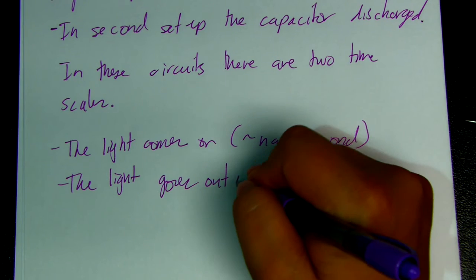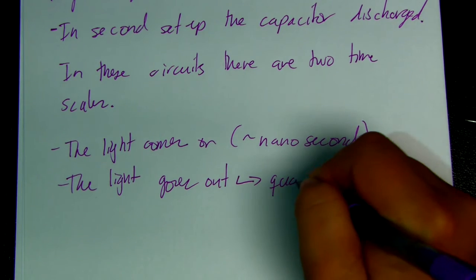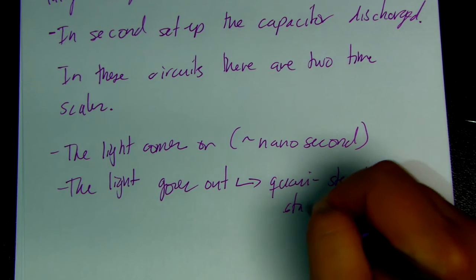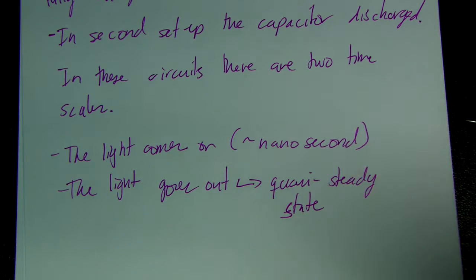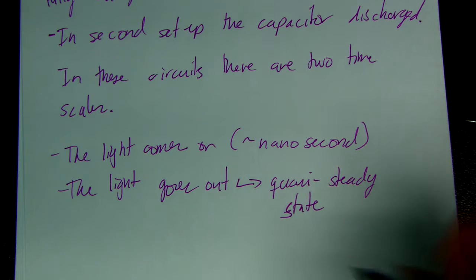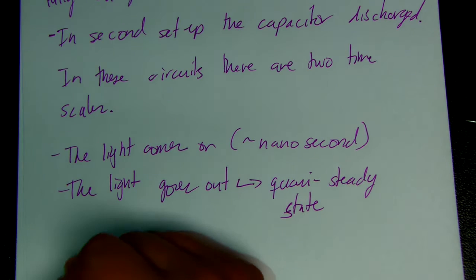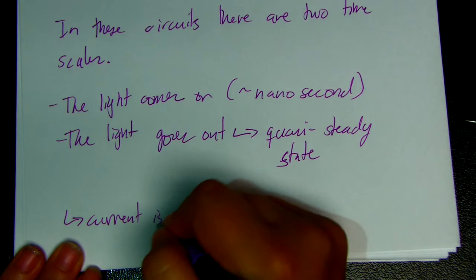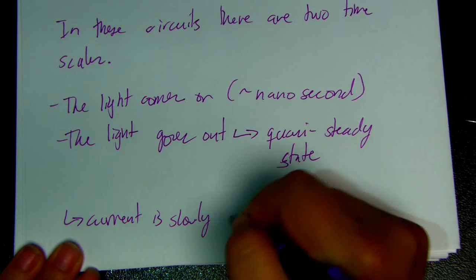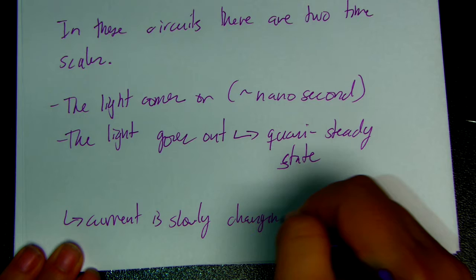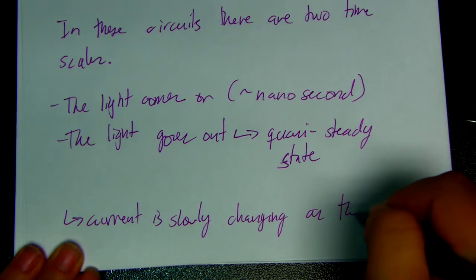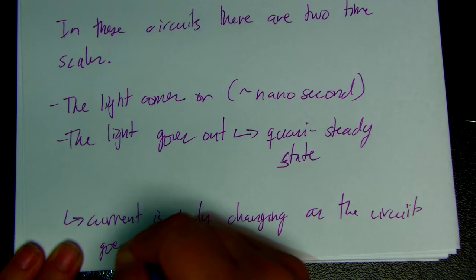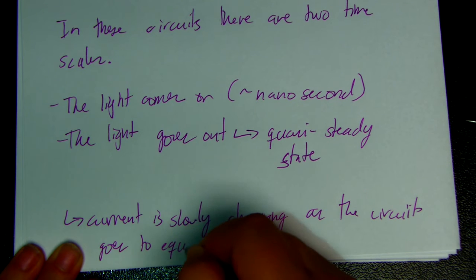And in the process of it going out, we have a quasi steady state. So it's acting kind of like a steady state, but it is slowly changing. That's why we see that slow dimming. So current is slowly changing as the circuit goes to equilibrium.